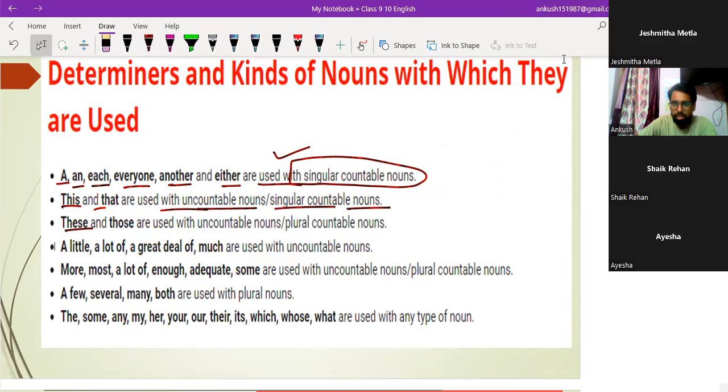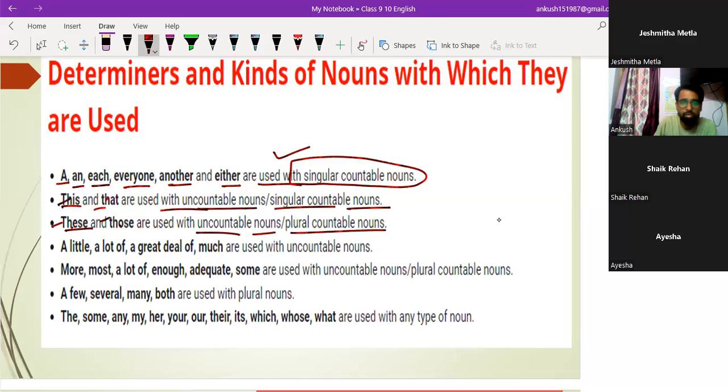These or those, these are the demonstrative: this, that, these and those. These are demonstrative determiners, or they are also called adjectives. They are used with uncountable nouns and plural countable nouns.